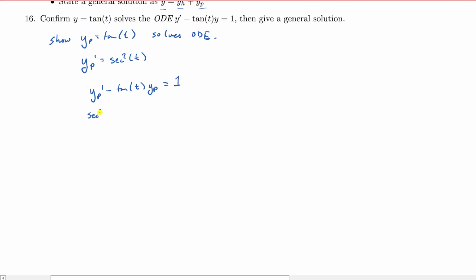Well, that gives us the secant squared of t, that's what we found yp prime to be, minus the tangent of t times our particular solution, which is again tangent of t. Well, this is just secant squared of t minus tangent squared of t, which, yep, does in fact equal 1 by one of your Pythagorean identities from trigonometry. So we have a particular solution.